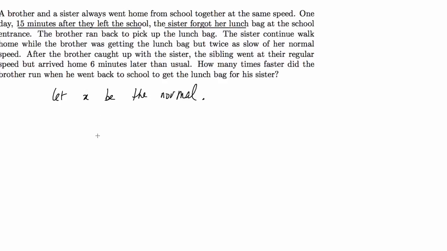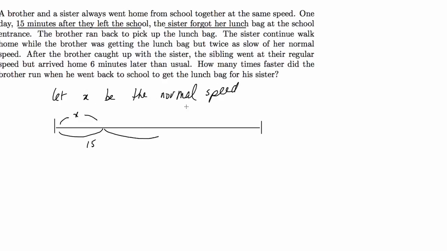So to draw a picture here, for 15 minutes they walked, and the sister walked at the speed of x. We let x be the normal speed. And then she walked a certain amount at half the speed. And then she walked at normal speed again. We don't know what the time is.